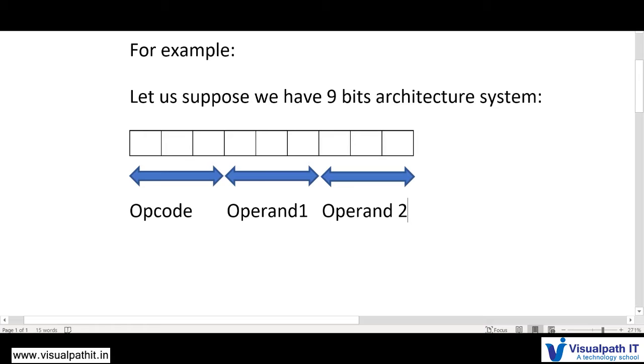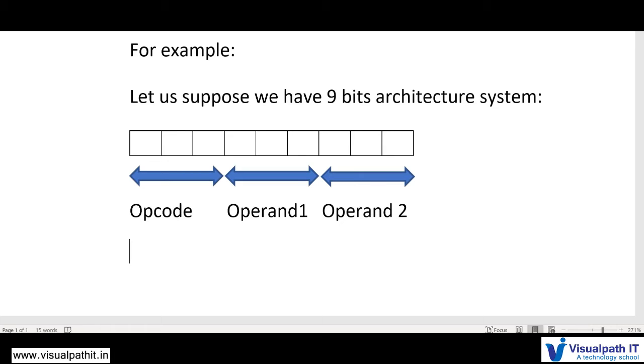Let us understand how programs were written in machine language. For example, let us suppose that we have a 9-bit architecture system. The first 3 bits represent the opcode of the machine level language. The second 3 bits define operand 1, and the last 3 bits define operand 2.